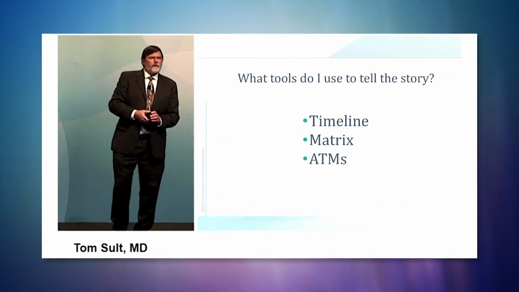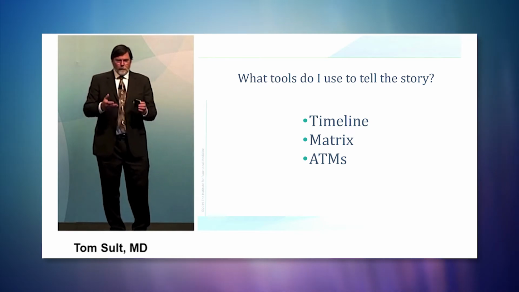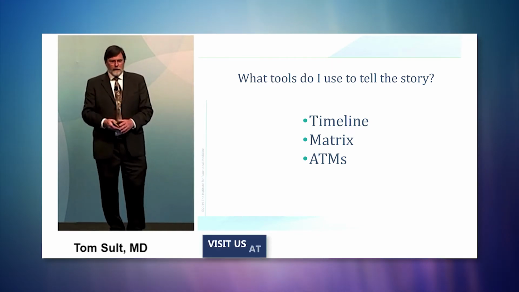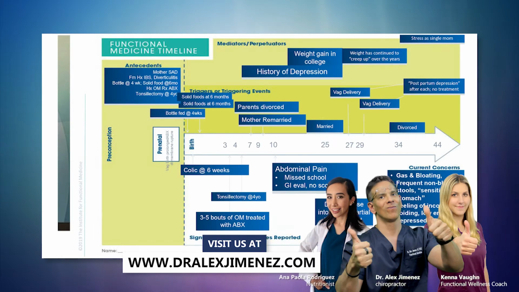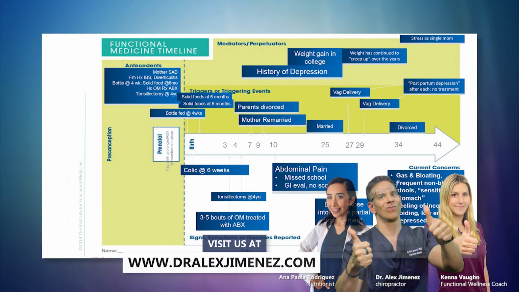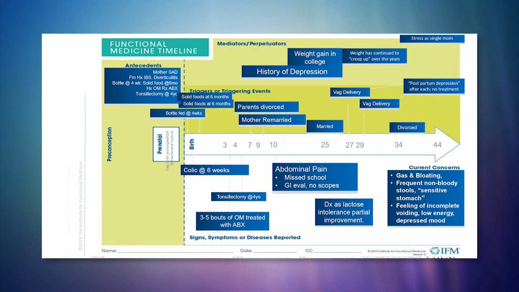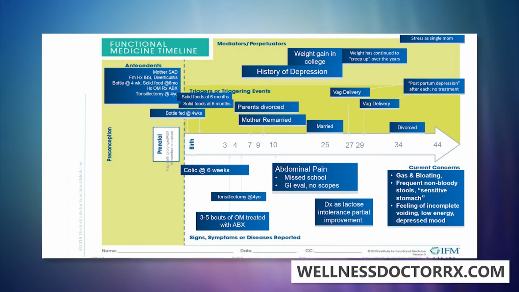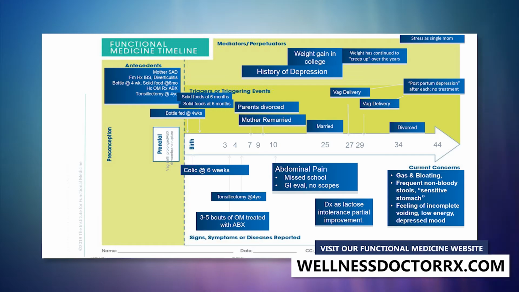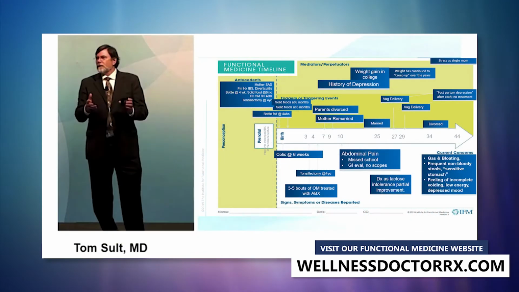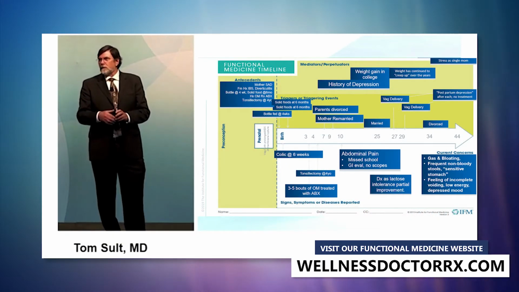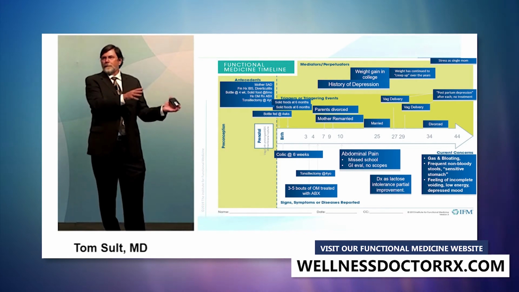So how do we tell the story in a functional medicine context? Well, we use the timeline, we use the matrix, and we use the ATMs. So here's the timeline. It looks kind of complicated, but I'm going to use the antecedents. I'm going to start my story by saying, gosh, I think the reason we're sitting here today is because of things that happened before you were even born.